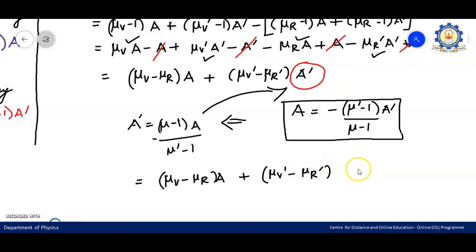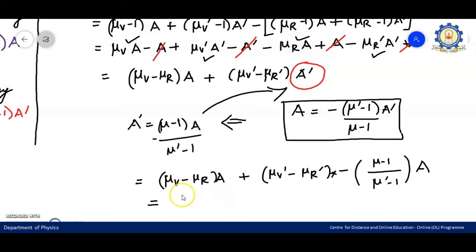In the place of A prime, you have a negative sign, put a multiplication here, mu minus 1 divided by mu prime minus 1, close bracket, into capital A. Okay, so in this second term, we have written mu minus 1 by mu prime minus 1. The first term also I am going to make an inclusion. That is, I am going to multiply and divide by mu minus 1.